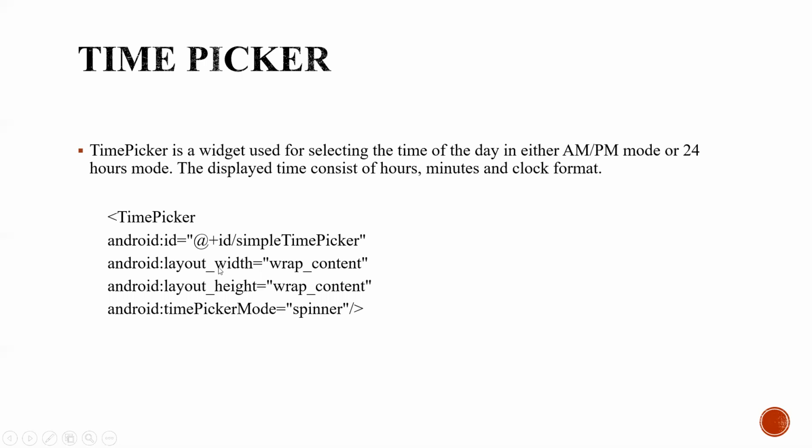As I said earlier, layout_width and layout_height are the mandatory attributes. And also for TimePicker, we can set the ID. Here it is @+id/simpleTimePicker. It is the ID of the given TimePicker tag. And also we can have the TimePicker mode, which is spinner.